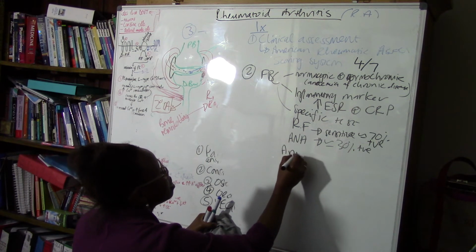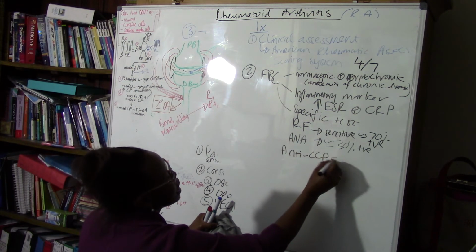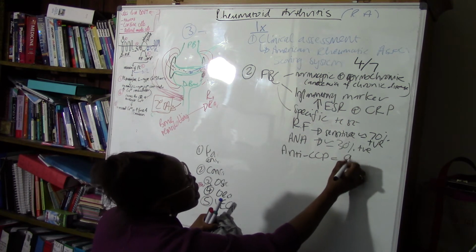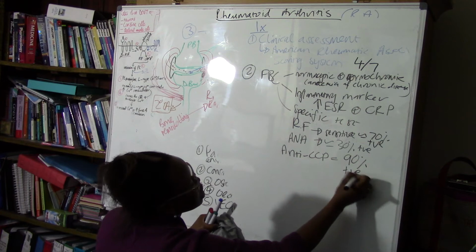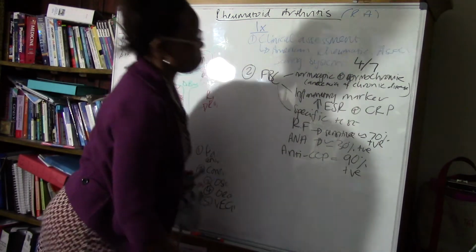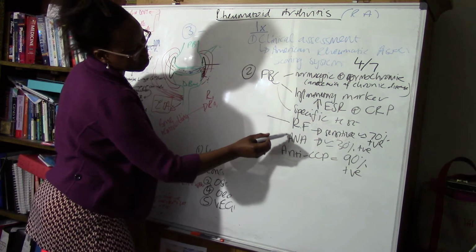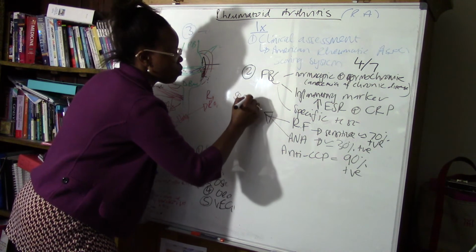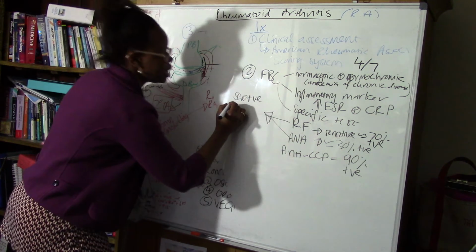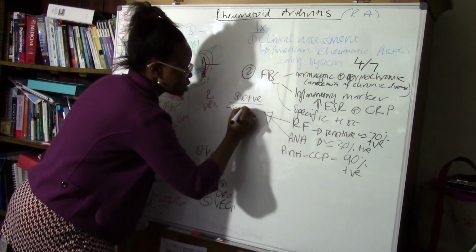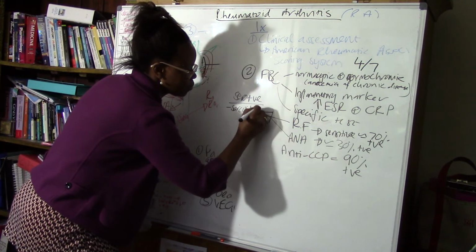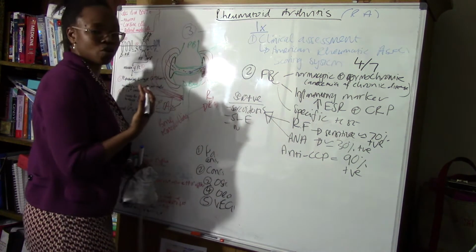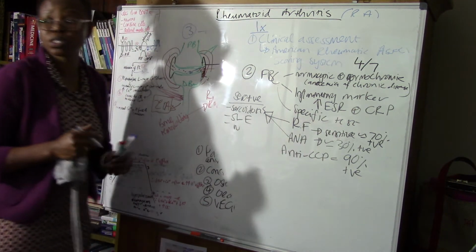However, anti-CCP is highly specific for rheumatoid arthritis, and about 90% of cases will be positive. And obviously, when I talk about rheumatoid factor being non-specific and ANA, it means that other seropositive diseases such as sarcoidosis, which I discussed in respiratory medicine, such as SLE, such as Wegener's granulomatosis, will have a positive rheumatoid factor.